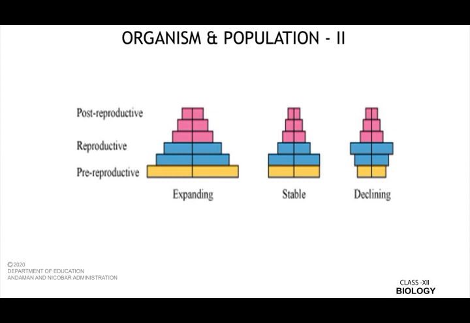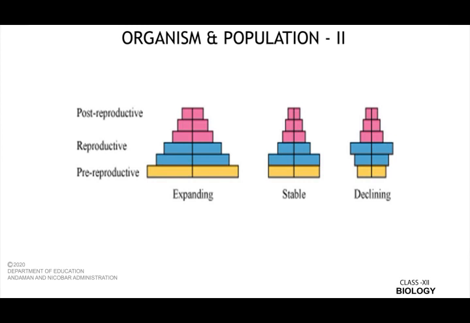Keeping this in mind, the governments of these countries take up various measures. In case of expanding population countries like India and China, the rule is, if you have a smaller family, the government is going to give incentives.